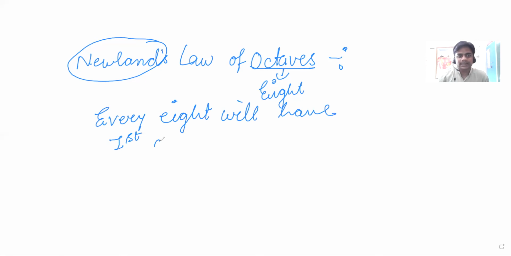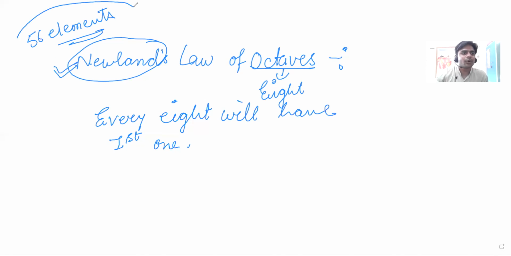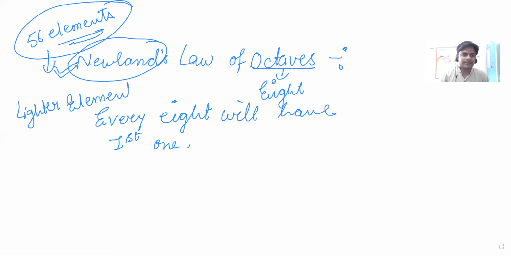When Newlands gave his periodic table, 56 elements had been discovered, and he arranged all 56 of them. But his table is applicable only to the lighter elements, up to calcium.